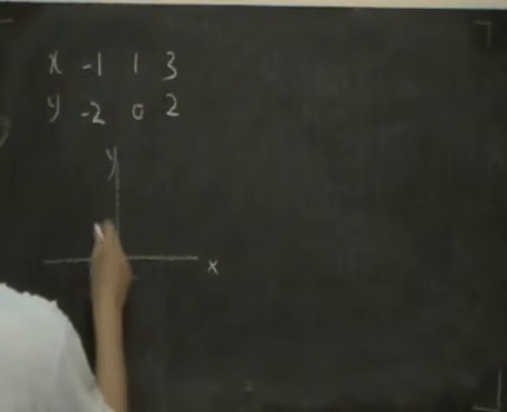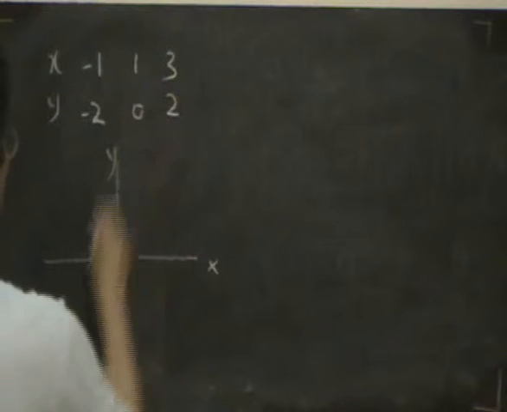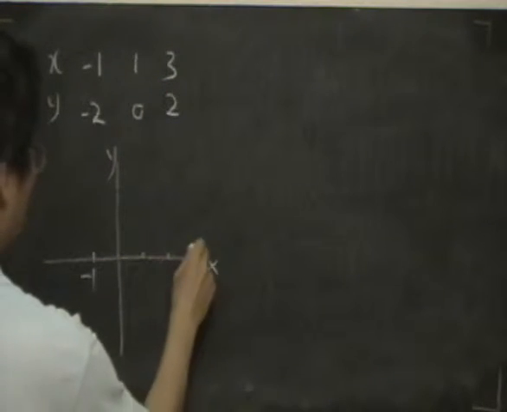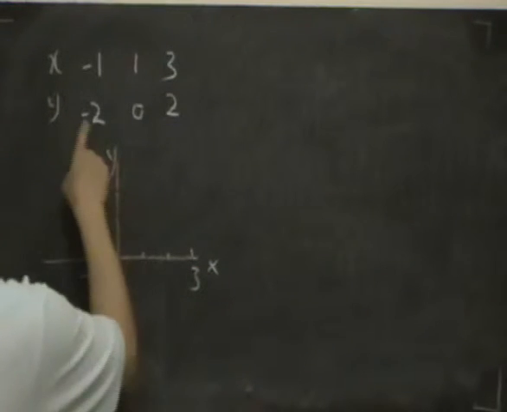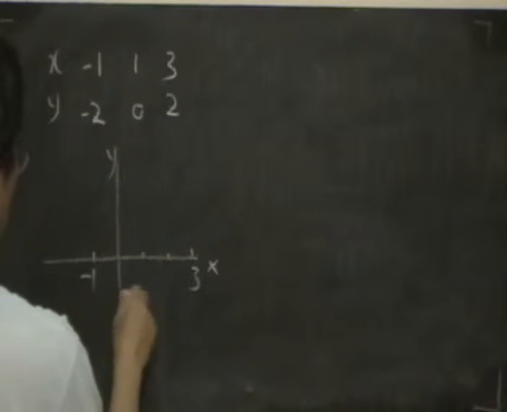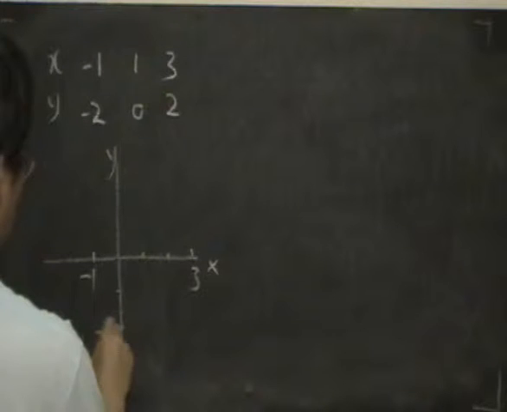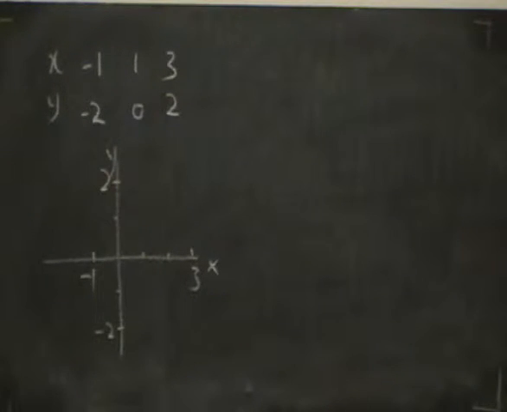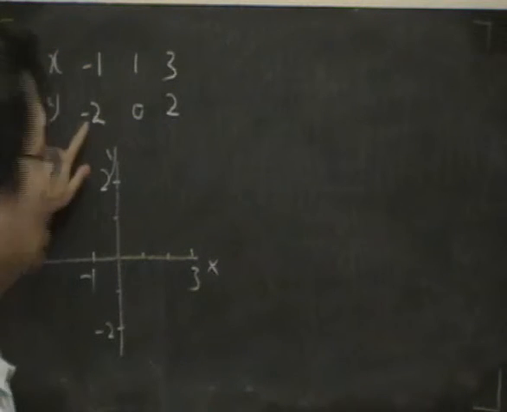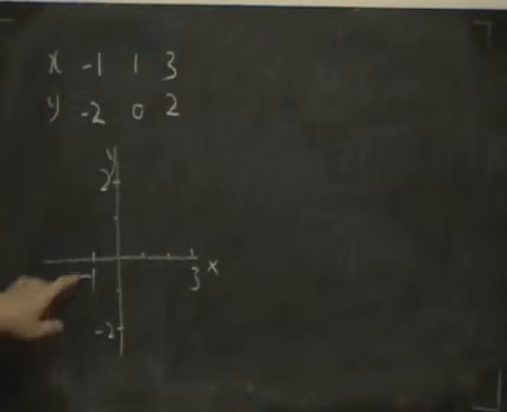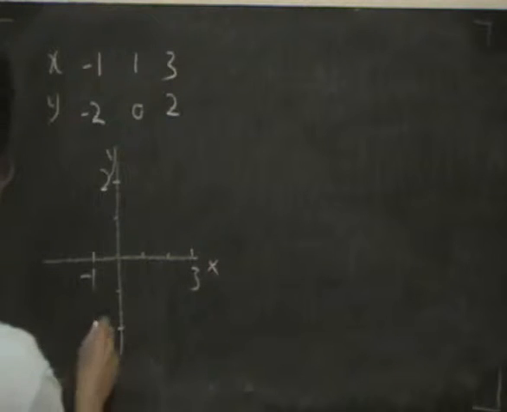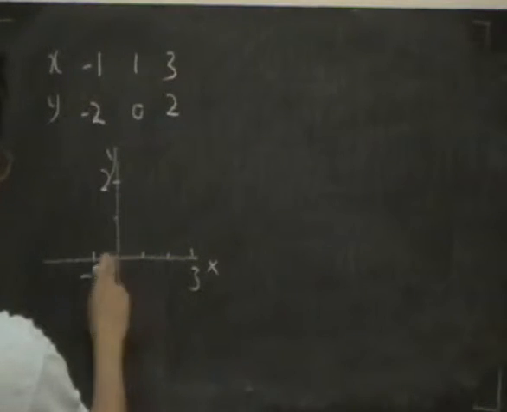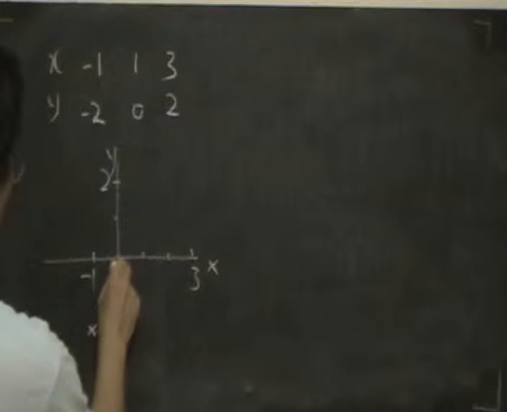So x goes from -1, 1 and 3. Let's say -1 is there, 1 is there, 2 and 3. Okay, y goes from -2 to 2, so -1, -2, 1, 2. The first point would be -1, -2. Then 1, 0 would be 1 and that's 0.